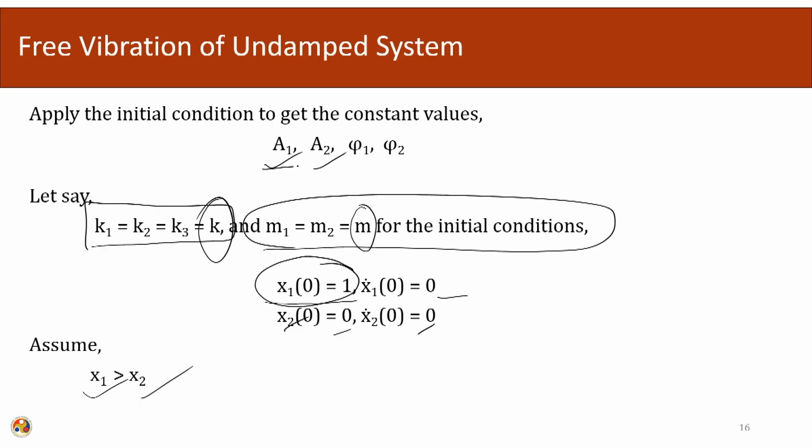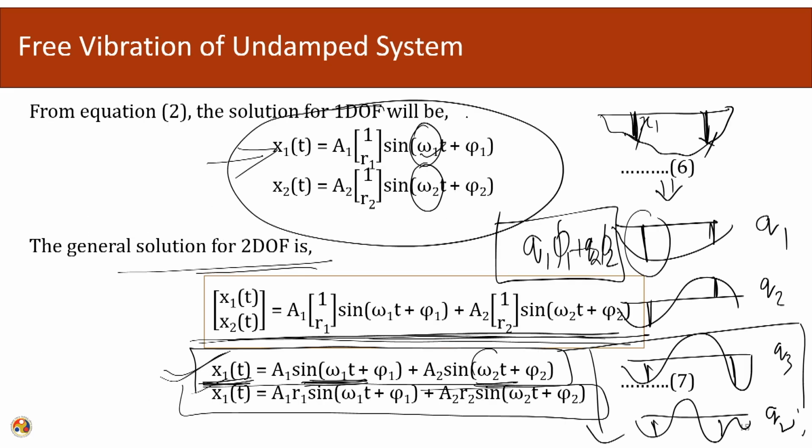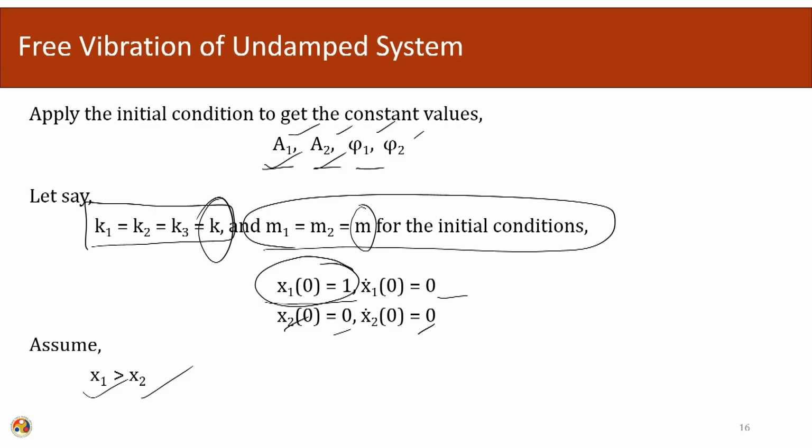After that, what we need to do is apply the initial condition and calculate our A1, A2 and the phase lag portion. Because we have already calculated the frequencies, the only thing we need is the phase lag portion and the values of A1 and A2. After that we did one example, we assumed all the values of k.